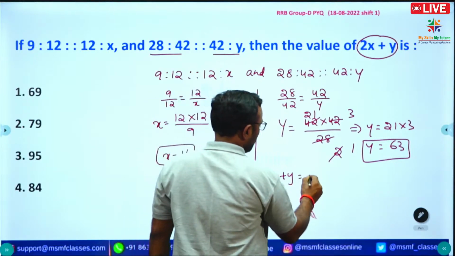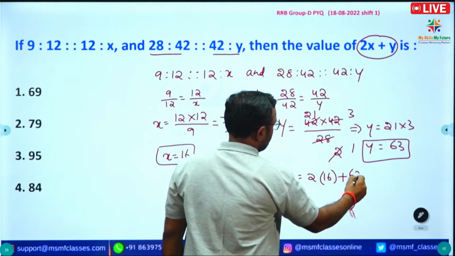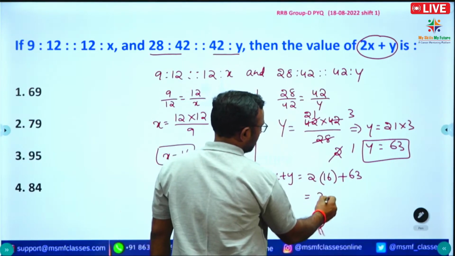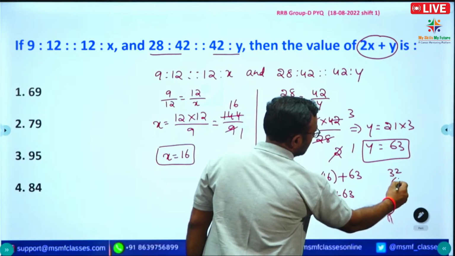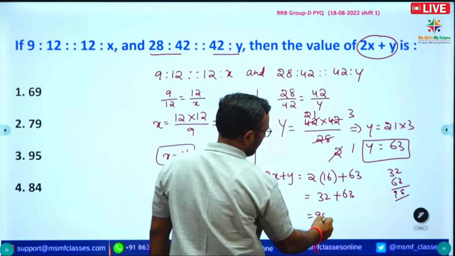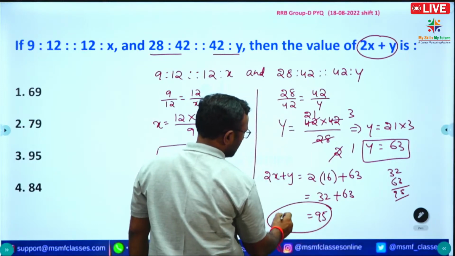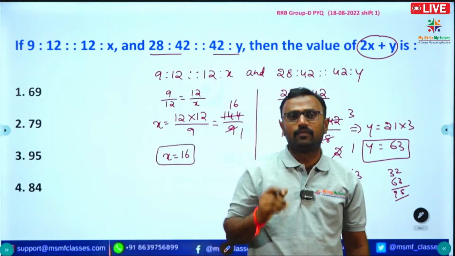So 2 into 16 plus 63. So 32 plus 63, we get the value 95. So 2x plus y is equal to 95.